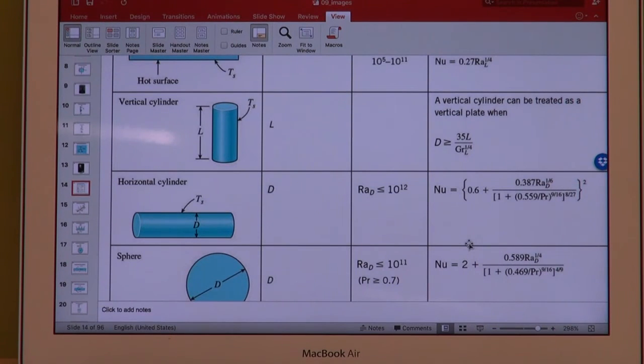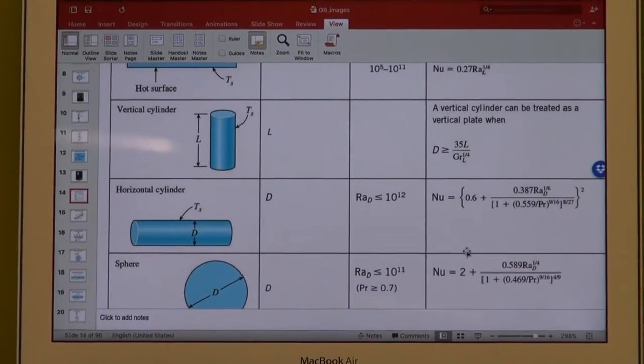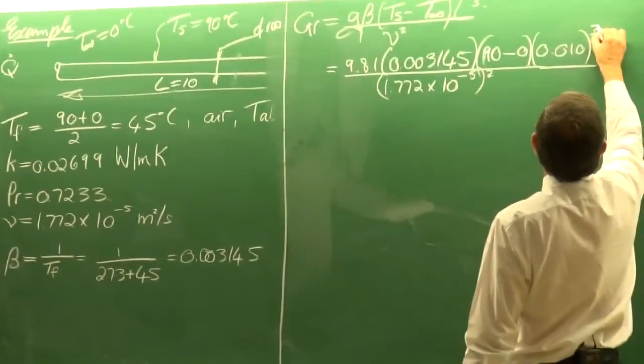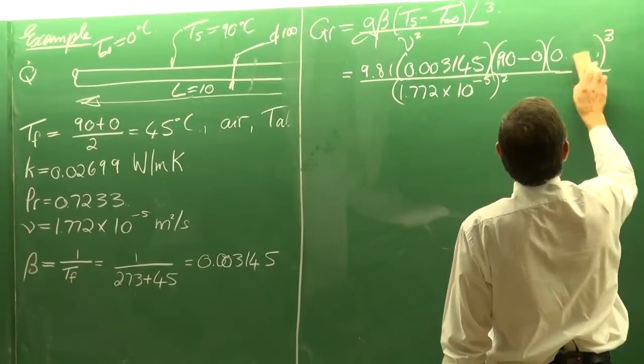But very importantly, it tells us that when we have to use the characteristic length, it must be the diameter, not the length. Okay? So, this is incorrect. You're going to make a significant error if you do that. From 10 meters to 0.1 meters.